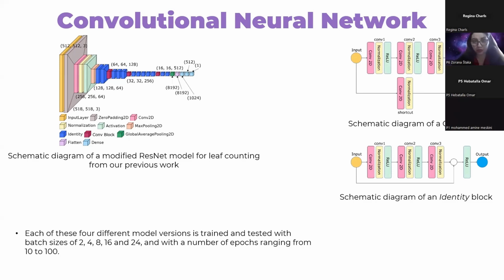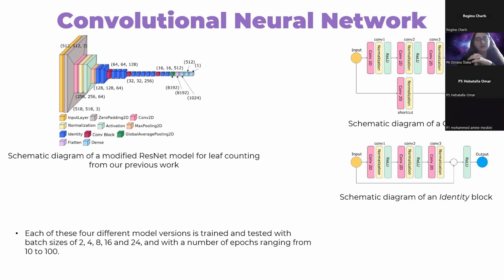Before that was batch normalization. Now we have 4 different versions. We have layer normalization, batch normalization, instance normalization, and then switchable normalization. So basically, we had 4 different convolutional neural networks based on what was used as the normalization. Also, the ResNet model is a really popular model in deep learning.